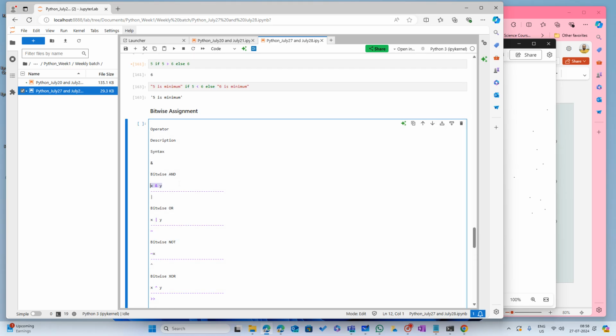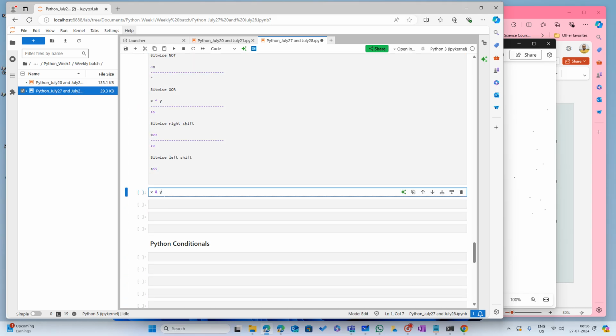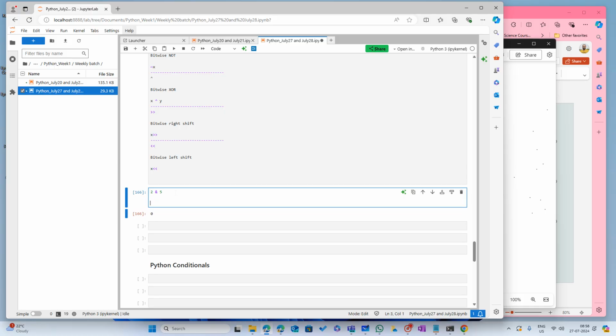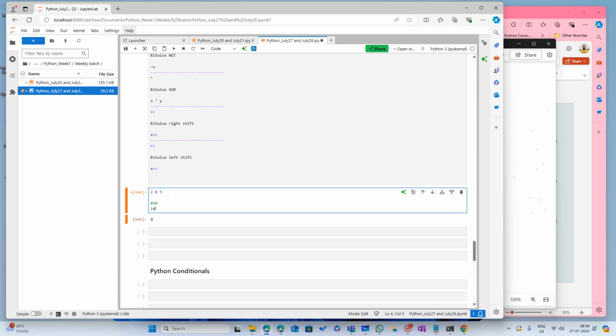x and y. Anyway, we needed the truth table, but I will show you. So if I say 2 and 5, what is the answer? 0. Why is 2 and 5 0? Because 2 is represented as 0, 1, 0, and 5 is represented as 1, 0, 1.